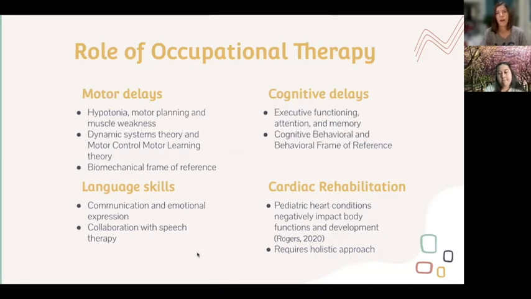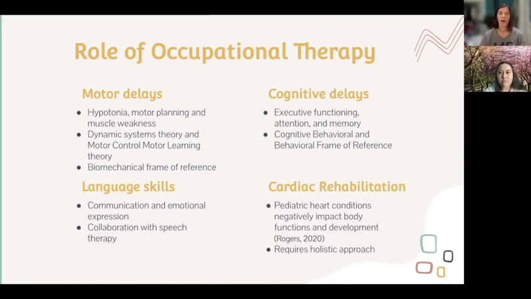So what is the role of occupational therapy? We split it up based on the common deficits seen in individuals with Noonan syndrome. In regards to motor delays, commonly seen is hypotonia, motor planning deficits, and muscle weakness.